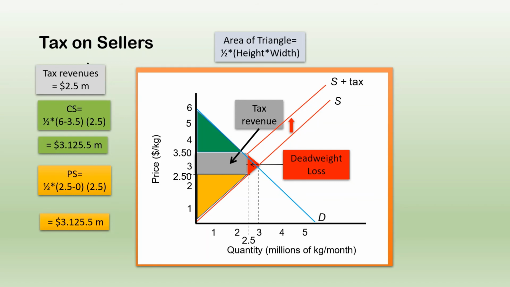Here the deadweight loss can be calculated by calculating the area of this small triangle, which is actually showing that the market can produce and sell 3 million kilograms of onions, but the market is basically just trading 2.5.